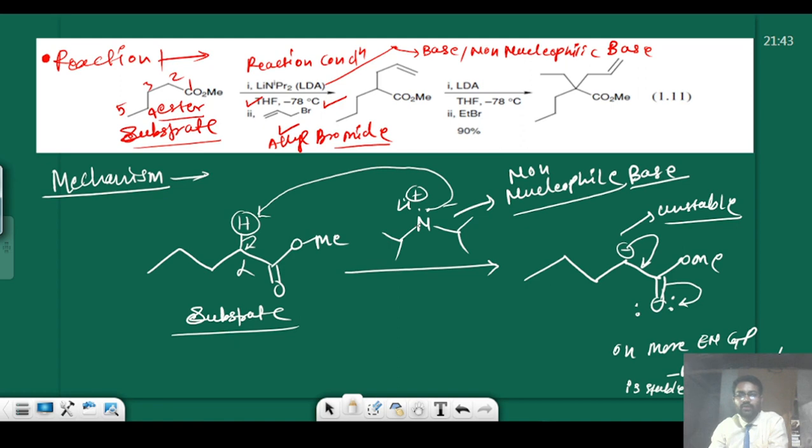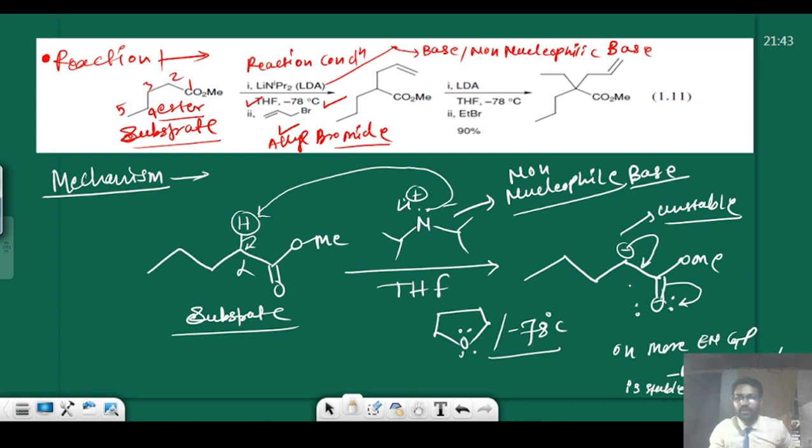This is a non-nucleophilic base in the presence of tetrahydrofuran, at minus 78 degrees Celsius, which we need to maintain here.